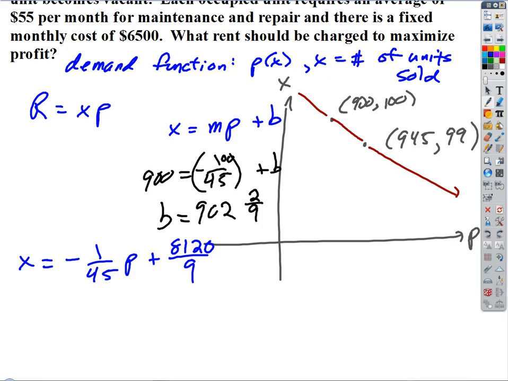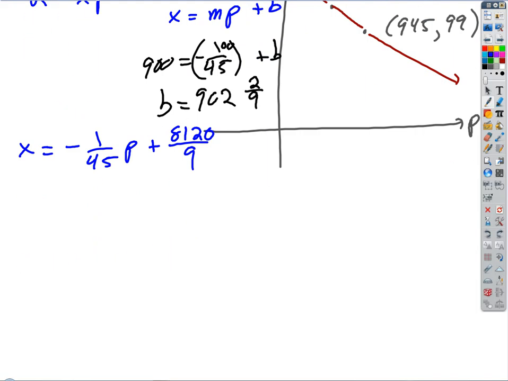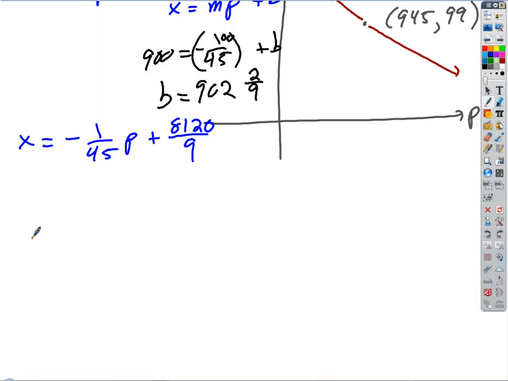We'll move this to the other side and subtract. The demand function should have price as a function of X.